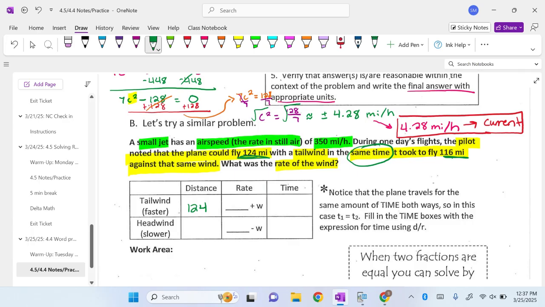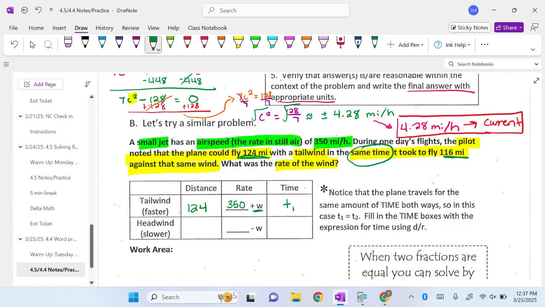Obviously we're going to add it to the wind speed, so plus W, but what's our still rate? If there was no wind whatsoever, how fast are we flying? 350 miles per hour. So 350. And we're going to call this flight time T1.